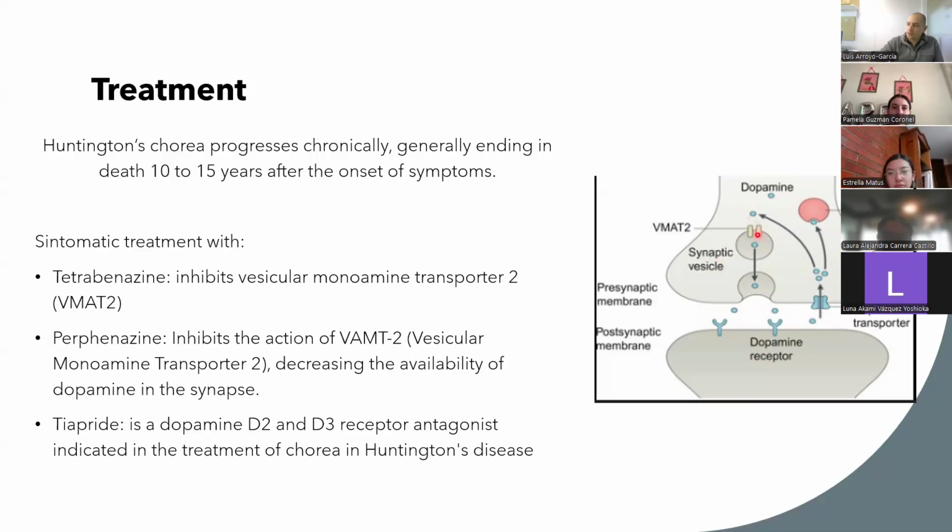So if we block this, we will have less dopamine in our system to actually avoid that hyperactivity of what we're going to check now.